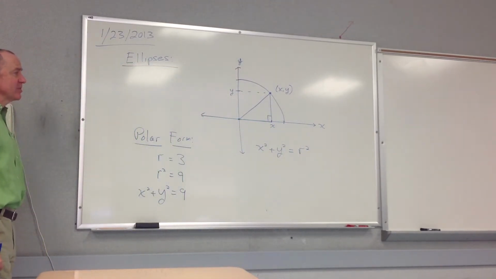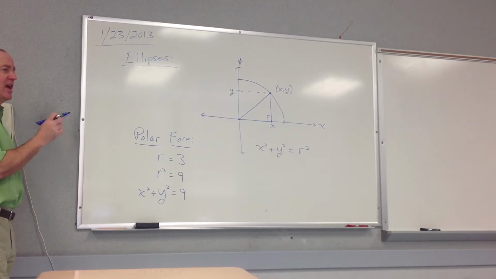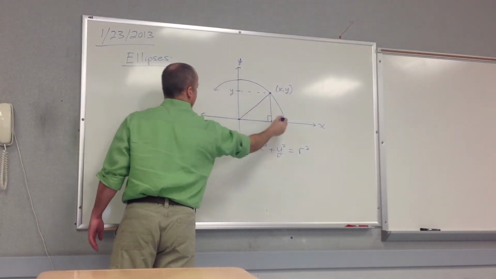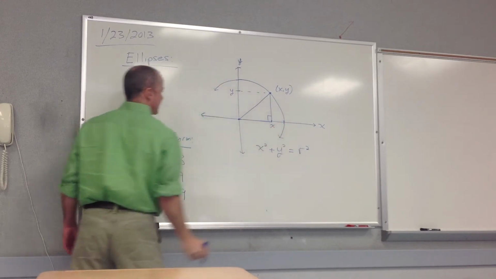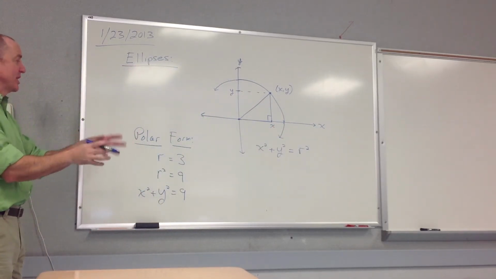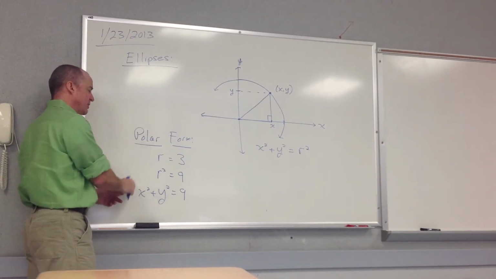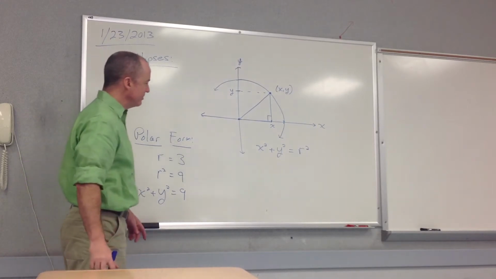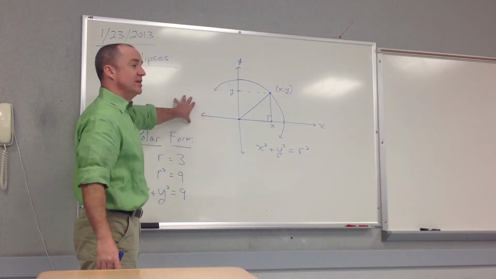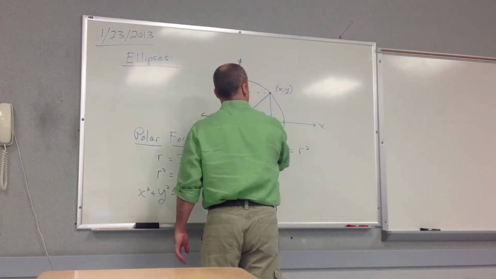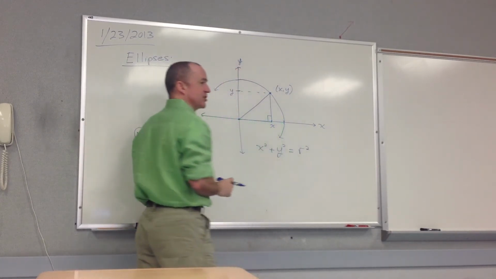So you've got 2 ways to remember the equation that describes every single point on a circle going all the way around the origin. It's x squared plus y squared equals the radius squared. If you really liked what we did with polar coordinates last week, you can maybe remember it this way. If you prefer to think of the Pythagorean theorem, you can think of every point on a circle as creating a right triangle, like on the unit circle.